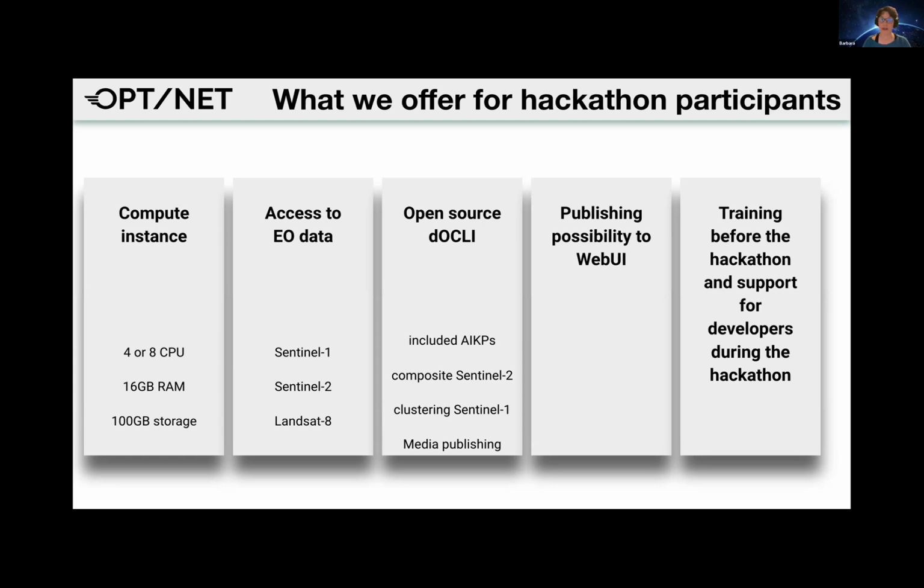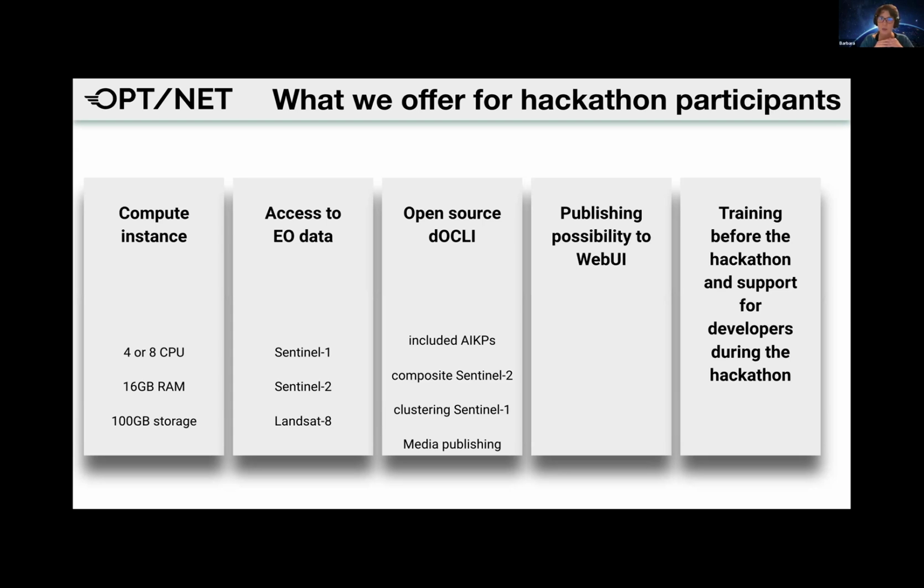We are also offering an open source version of our software, which we call the open source of our backend, which we are calling OCLI. In this case, a dockerised version of OCLI, which includes the structure of the AI KPs that I mentioned, that has a lot of issues and a lot of tasks already solved for the participants to readily use, but also gives the possibility to solve your own problems in this hackathon and in general.